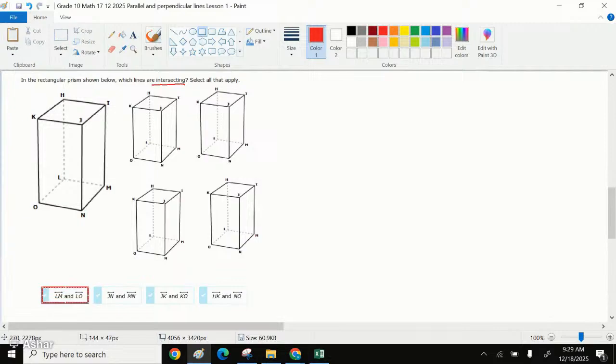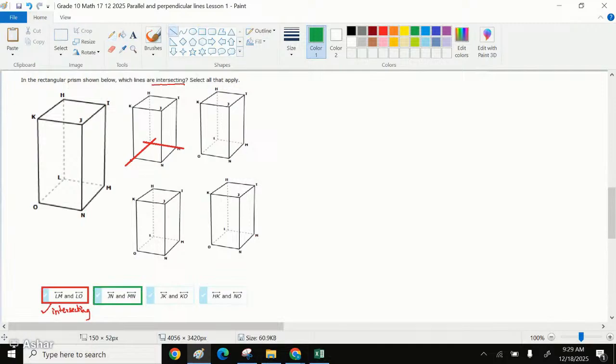LM and LO. Where is LM? This line is LM. And where is LO? LO is this line. Are these lines intersecting? Yes, intersecting. Okay, moving on further, JN and MN.